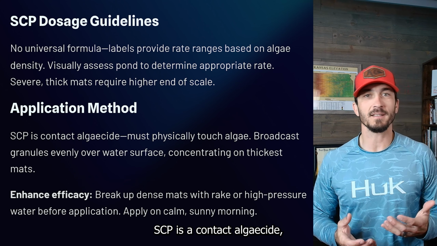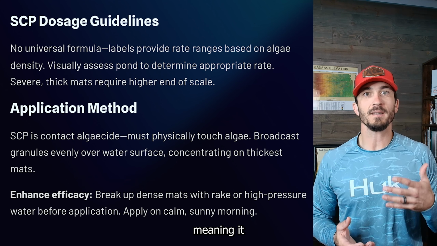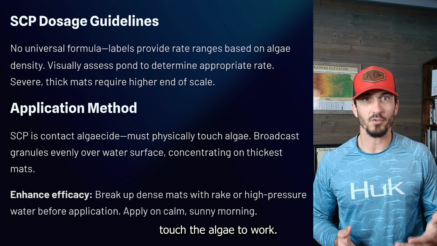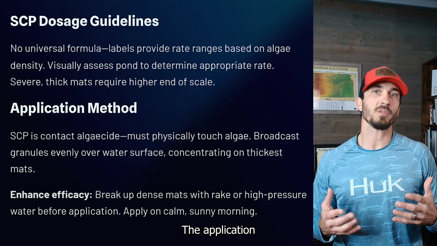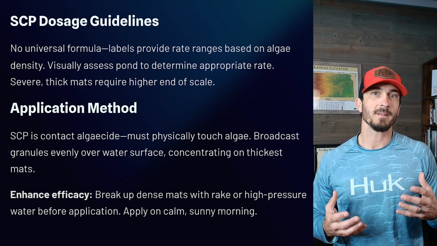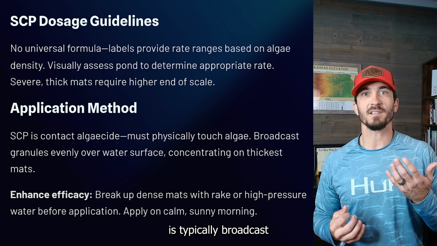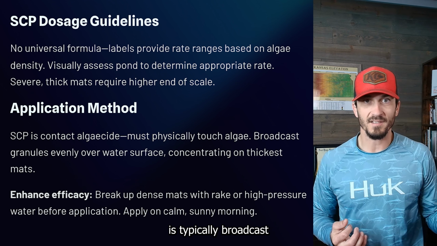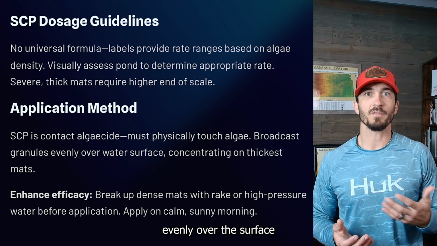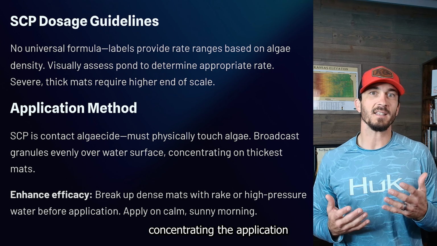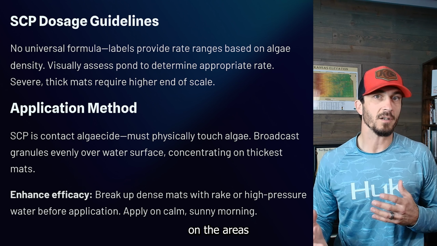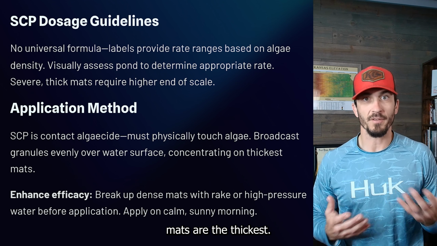SCP is a contact algicide, meaning it must physically touch the algae to work. The application method is designed to maximize this contact. The granular product is typically broadcast evenly over the surface of the water, concentrating the application on the areas where algae mats are the thickest.